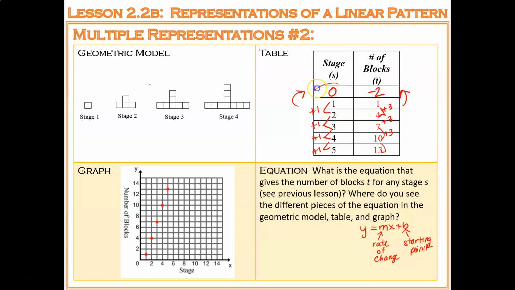So at stage 0, that's your y-intercept or starting point. So our equation is y equals 3x. That 3 is this adding 3, and our starting point, or y-intercept, which is -2, is where you are at stage 0, or where your line is going to hit the y-axis. That one was a little tricky.